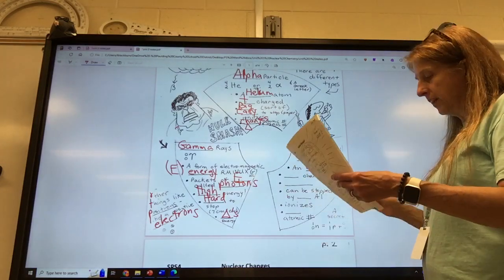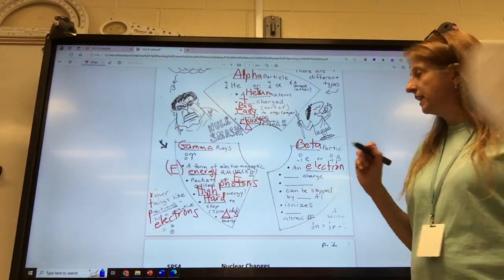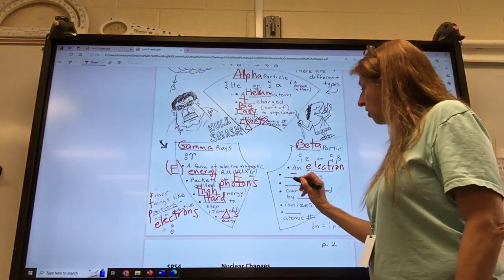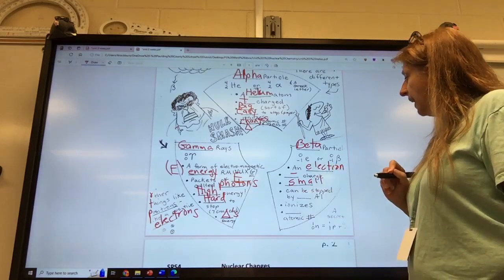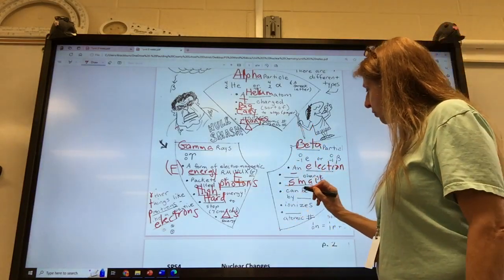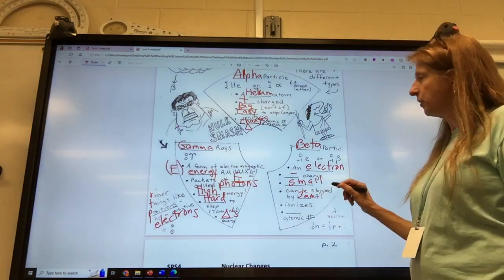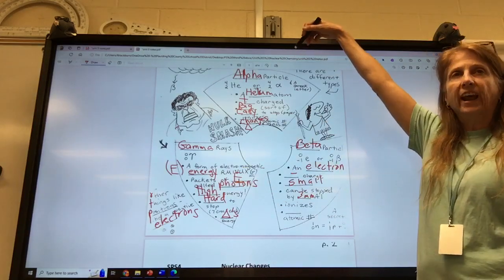Okay, so what charge does an electron have? Negative, so it's a negative charge. It is small. We already knew that, didn't we? The electrons are small. It can be stopped by 3 millimeters of aluminum. So this one's not as dangerous as gamma, but it's more dangerous than alpha.